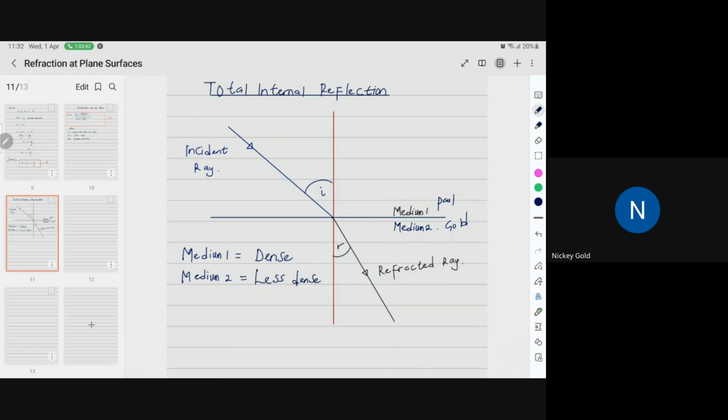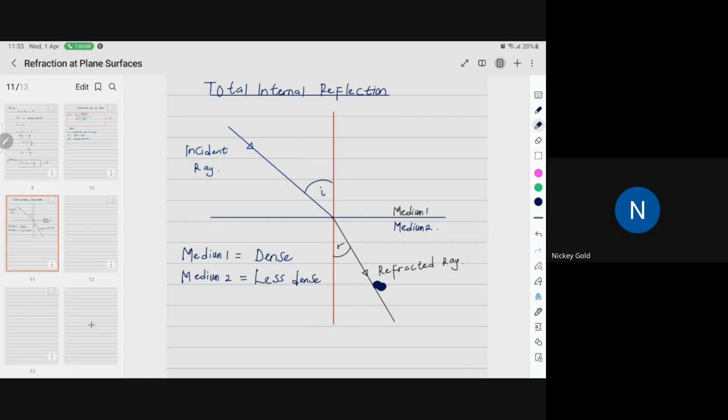In that case of dense and less dense, do you know what happens here? The refracted ray will be moving away from the normal. As you keep increasing the angle of incidence, the refracted ray keeps moving away from the normal until it becomes an angle of 90 degrees.